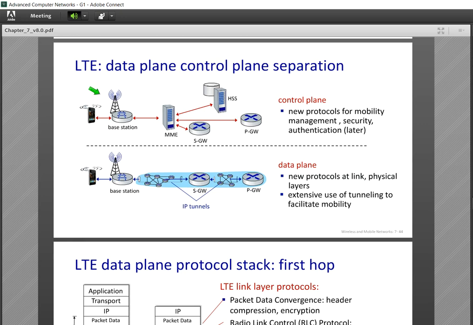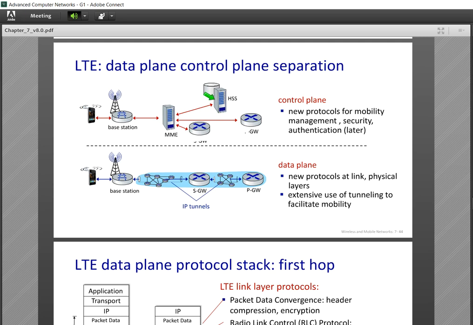You can see that I'm connecting to a base station, for example, using a cell phone, and this connection is moved toward the MME, and then you can see there is a connection between the MME and the HSS server. And according to the information, I can move the connection toward the SGW or PGW.